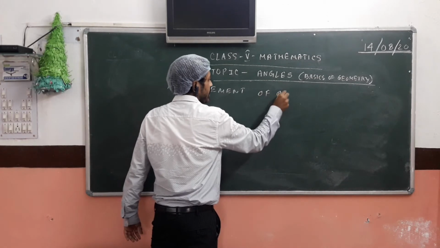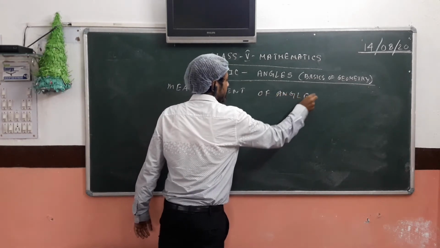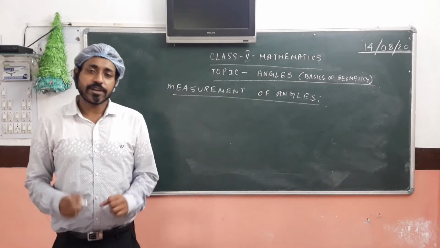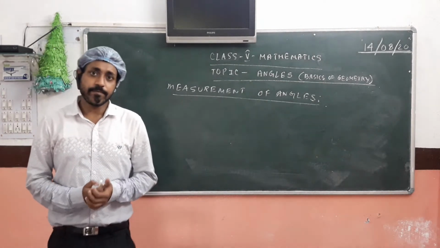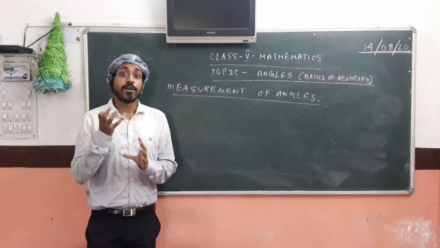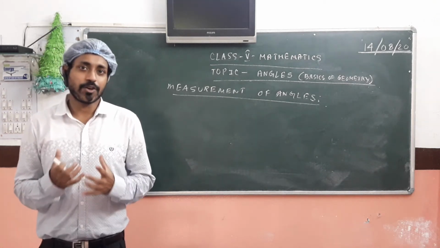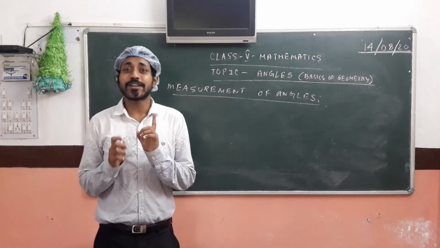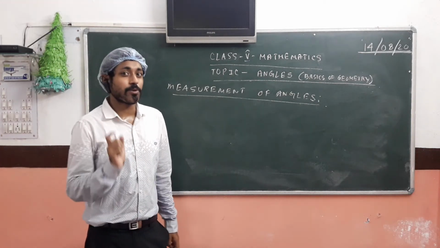Measurement of angles. What do we mean by measurement of an angle? We have an angle given. What is the value of that angle? That we have to calculate. In the first geometry lesson, you were introduced to the different instruments in your geometry box.